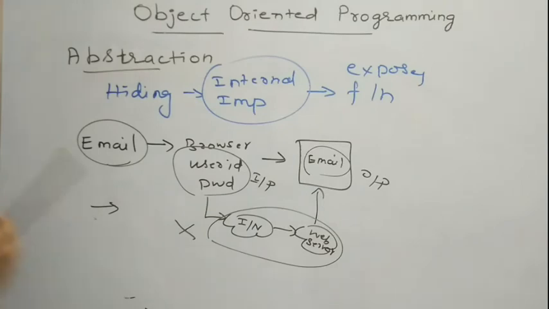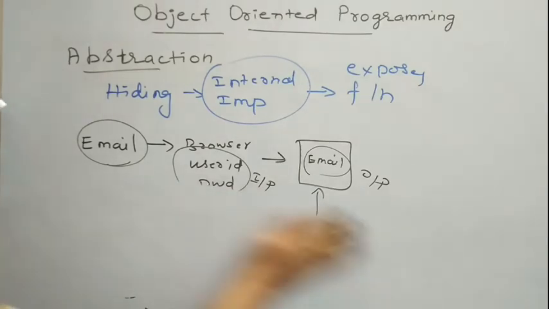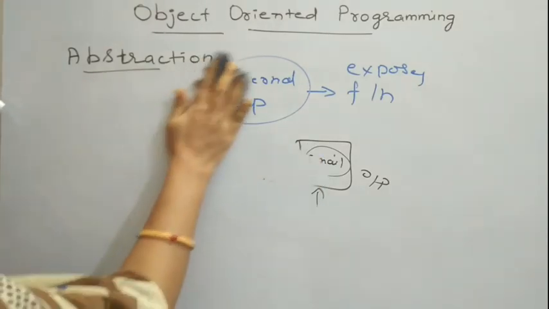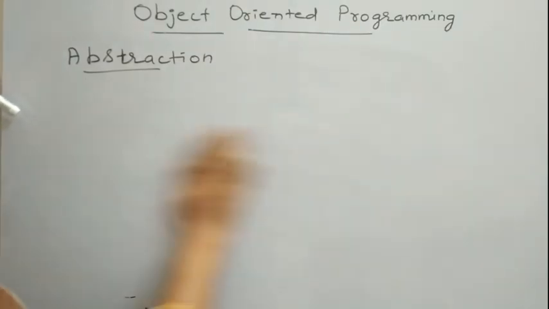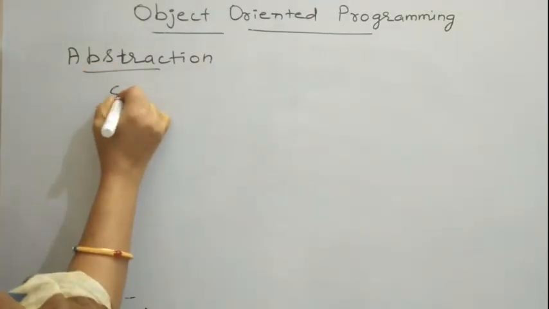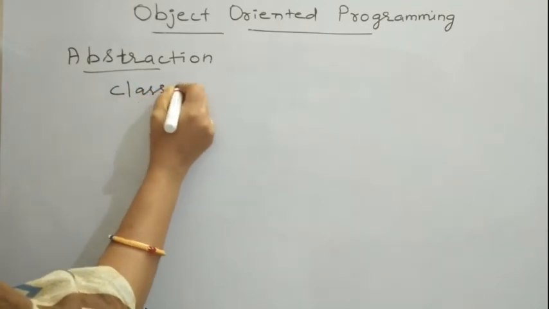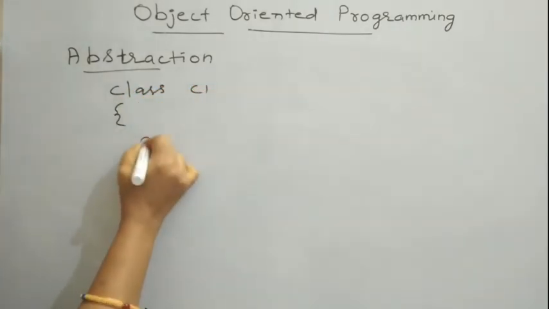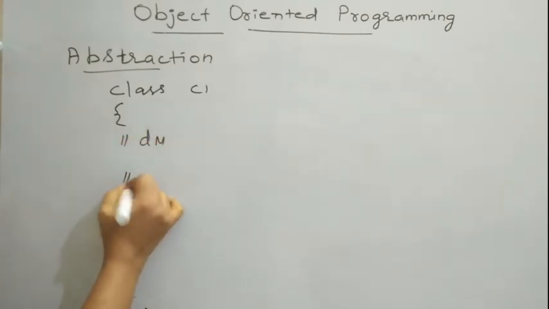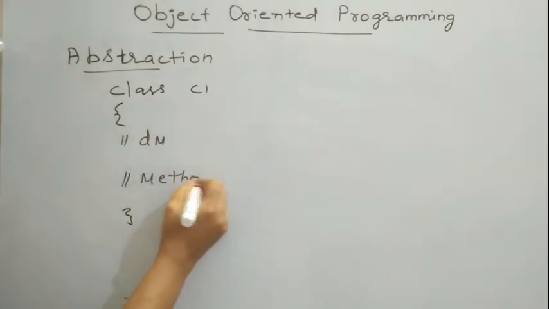Okay, if we consider how this abstraction is implemented in object-oriented programming, we'll discuss an example. In abstraction, we have a class definition that contains data members and methods.